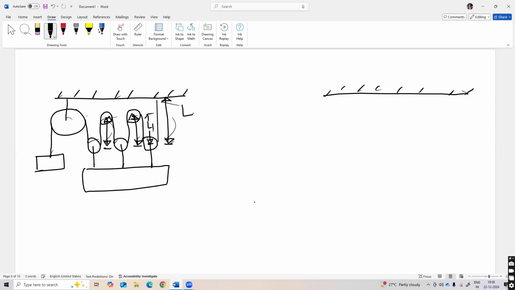Now if we have to find the total length of the rope, we will ignore the length of the rope around the circumference for time's sake.